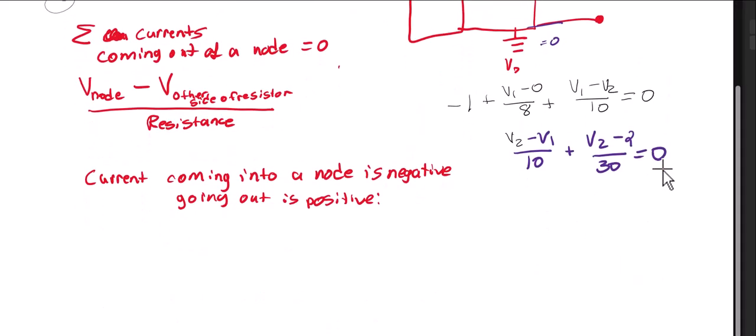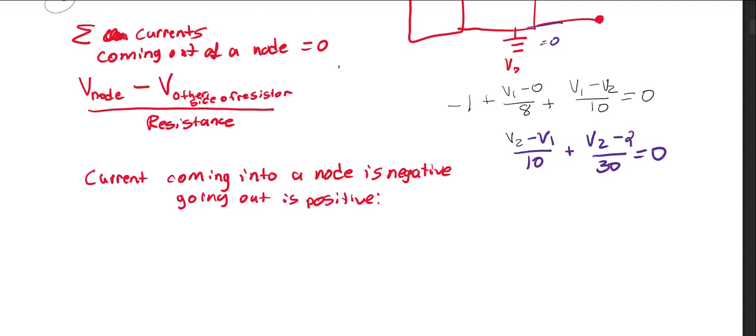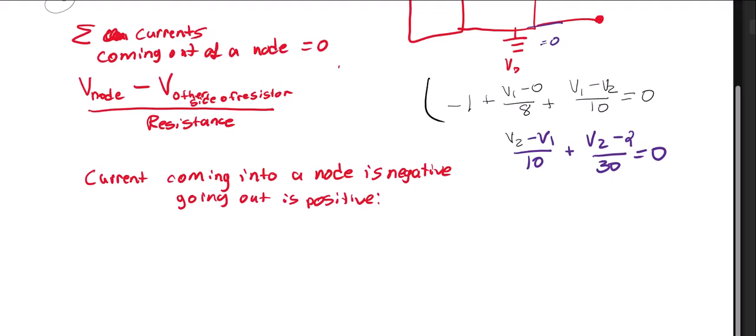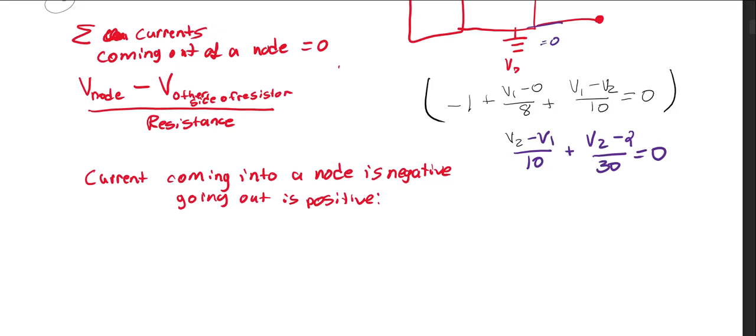Okay, so now I want to simplify these equations. So I'll multiply the top one through by 40, and the bottom one through by 30.